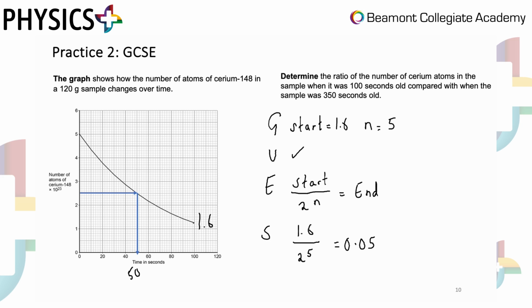So I started off with 1.6, I ended up with 0.05, so the ratio is 0.05 to 1.6, and this would be better represented as 1 to 32.